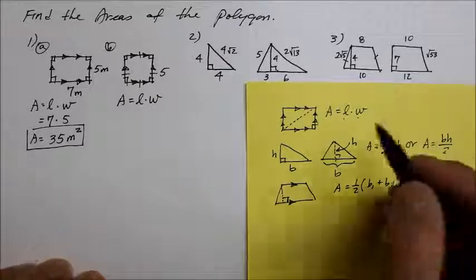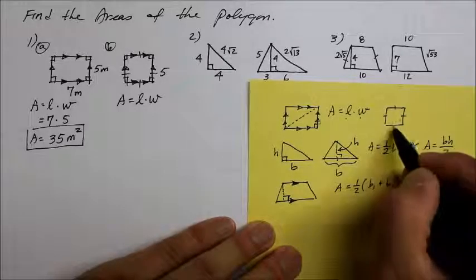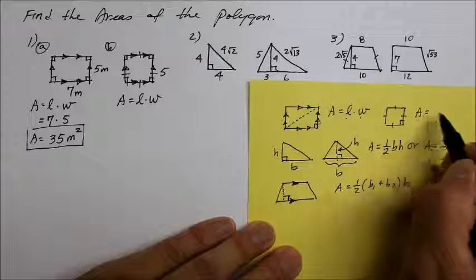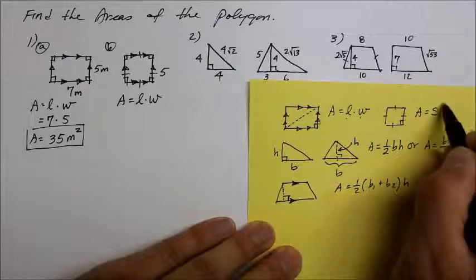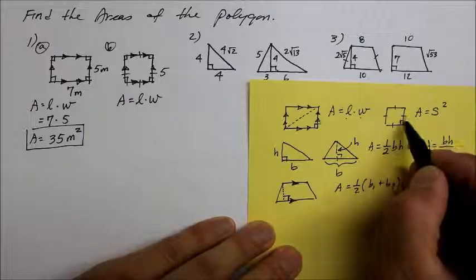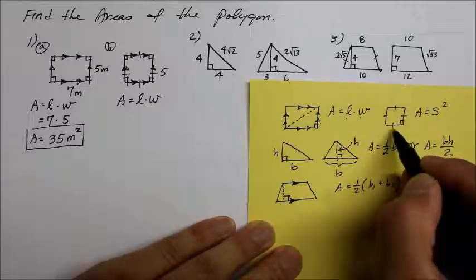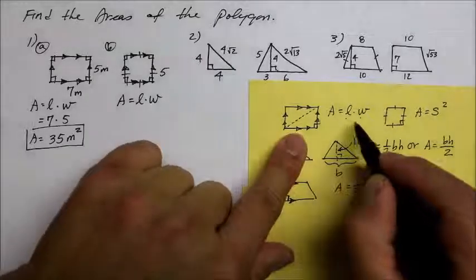Some books will tell you that a square is basically area is equal to a given side squared. But it's the same thing. Side times a side is a side squared. Length times width. So I just use the same one.